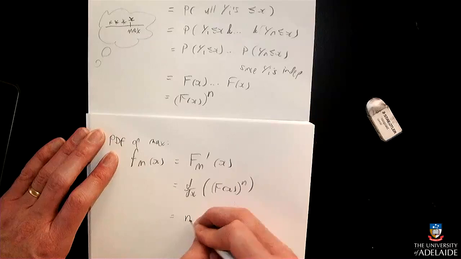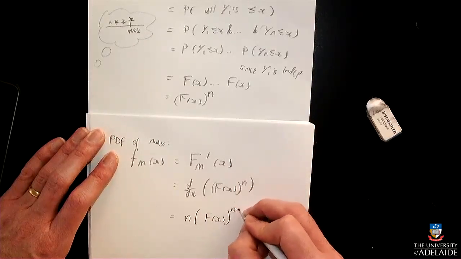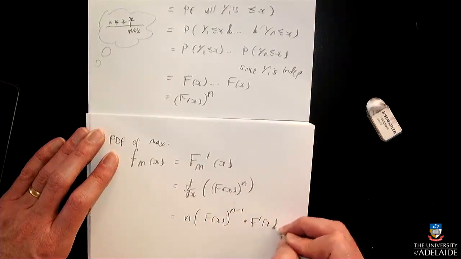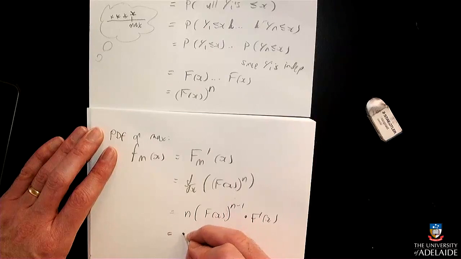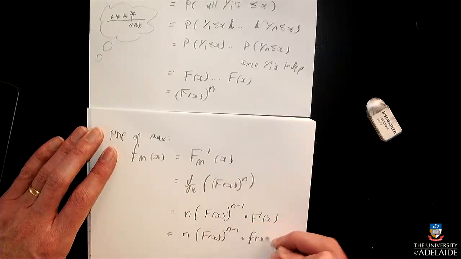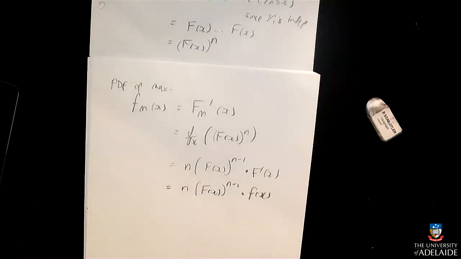So the power comes down, the power reduces by 1, but then the chain rule says I have to multiply by the derivative of that. But the derivative of the CDF is the PDF. Beautiful. We've found it. Ta-da. Okay.